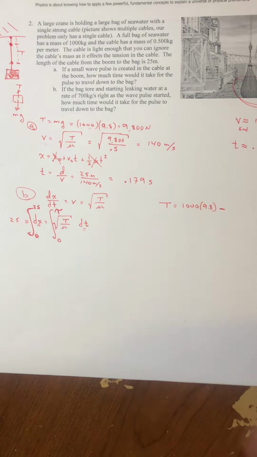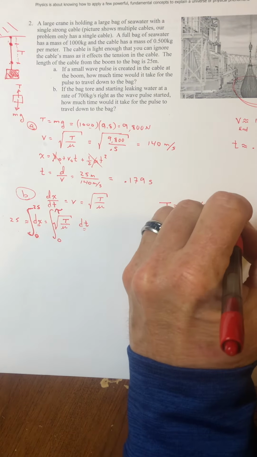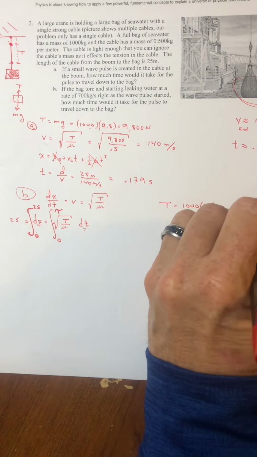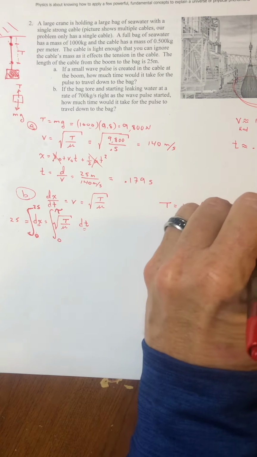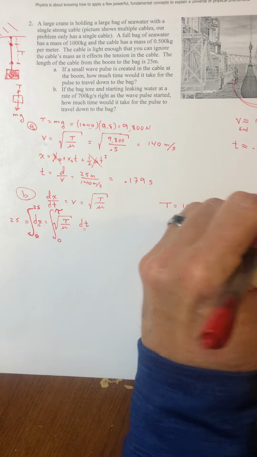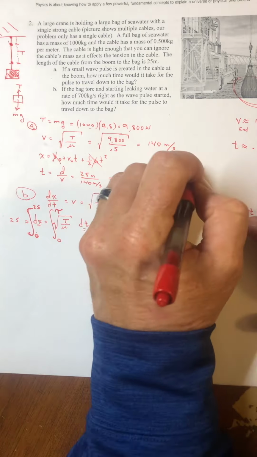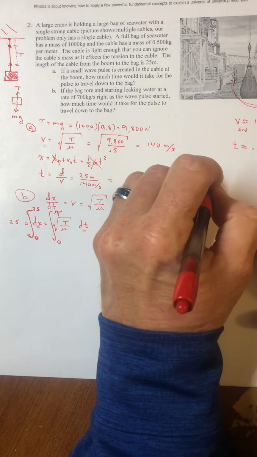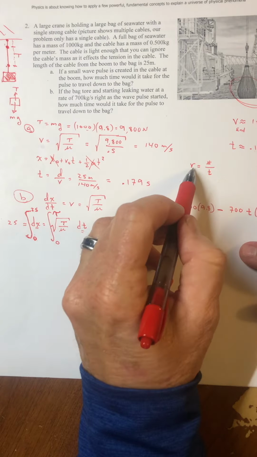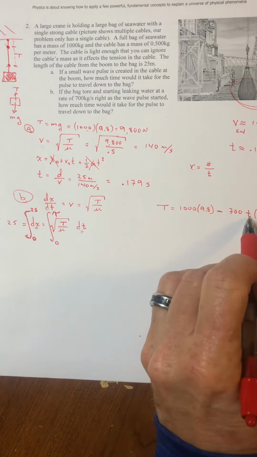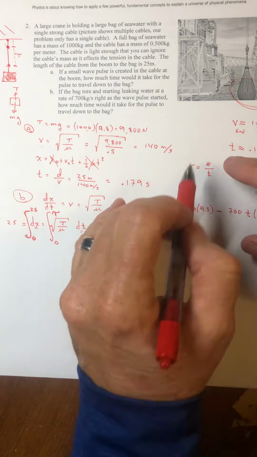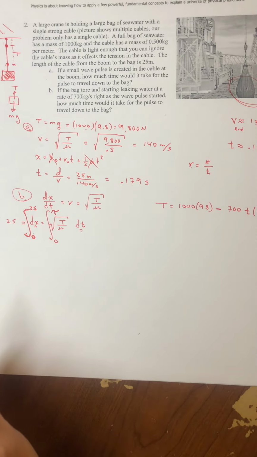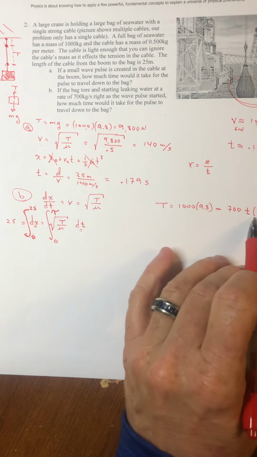But then it is losing at a rate of 700 times t times the 9.8. See, because rate is always some amount over time, right? So rate times time is the amount, and that's what I have there. A lot of times rate is speed, so speed times time is distance. And so this is how it would be leaking out.